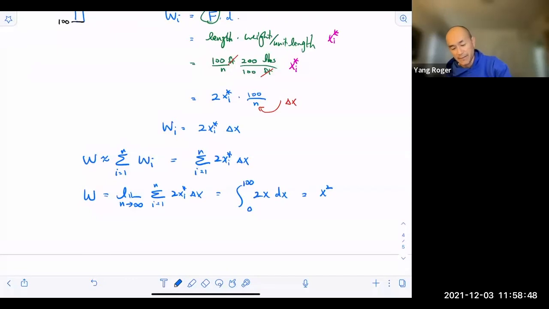I evaluate that from 0 to 100, and then I get 100 squared minus 0 squared, which is 10,000 foot-pounds of work.